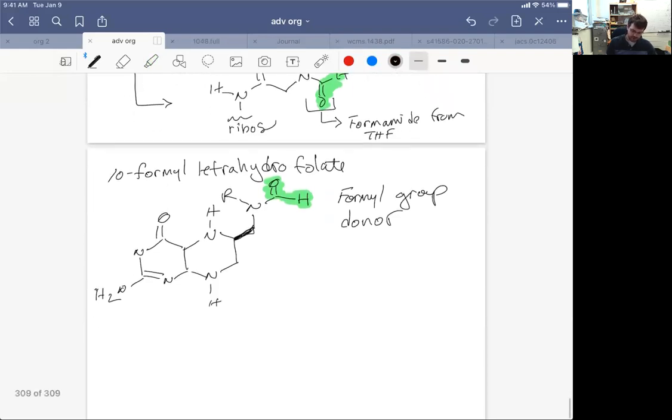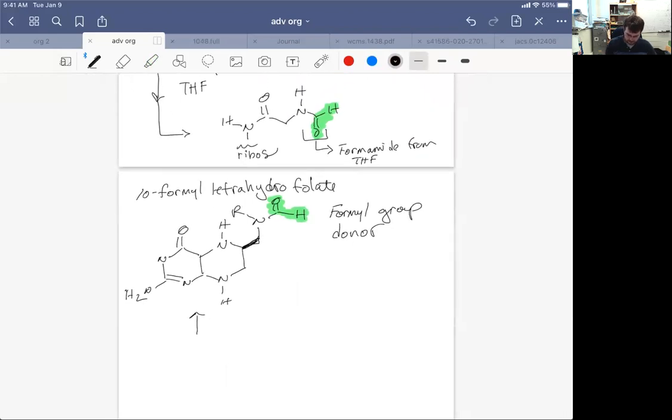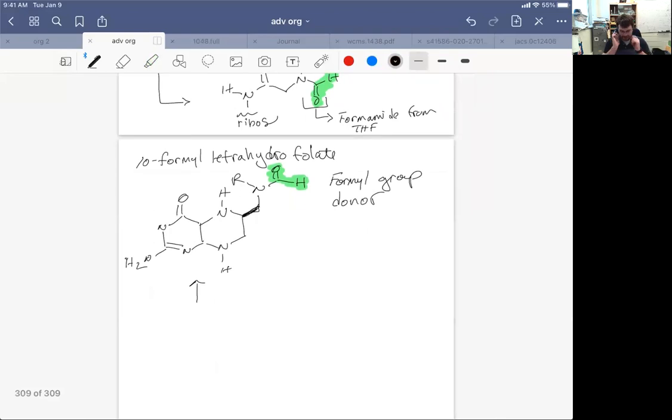Now what's pretty cool is this actually comes from a series of steps related to the tetrahydrofolate cofactor. So what you can do is, let's see, how do I abbreviate this without getting too overwhelming? And I feel like I lost a double bond.